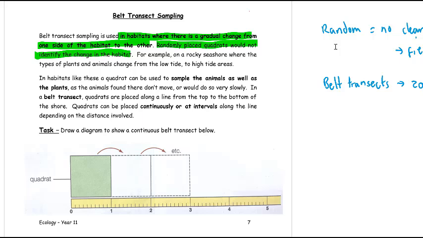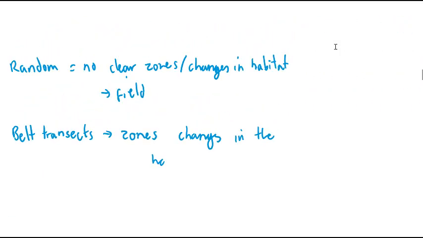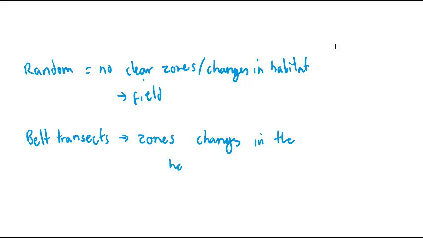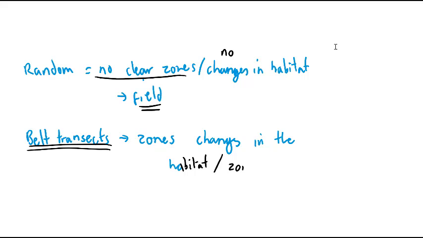Now I'll show you a picture of that in a minute, but just to clarify here, we use random sampling when there is no clear zones and there is no changes in the habitat. So an example might be a field, whereas we would use belt transects for sampling if the zone changes in the habitat, or we can say there is zonation.